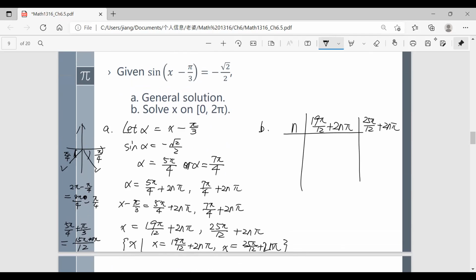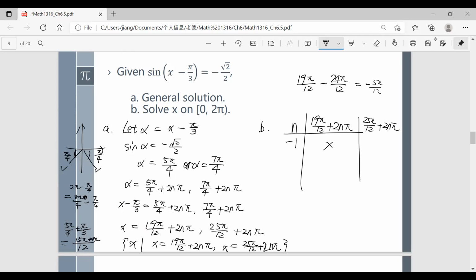How about n equals -1? So 19 pi over 12, for example, -1, minus 2 pi. 2 pi is 24 pi over 12, because I just plug in -1 in the 2n pi. So this one is a negative angle, because 19 pi minus 24 pi is -5 pi over 12. So I can't choose this one because the x should be a positive angle.